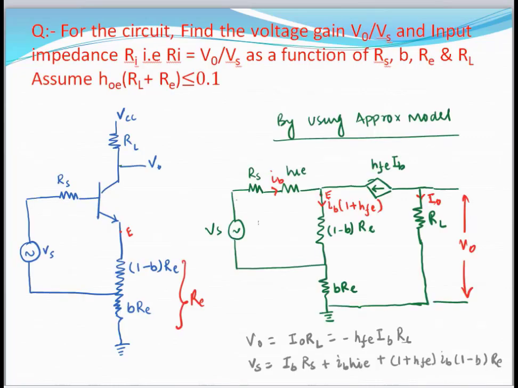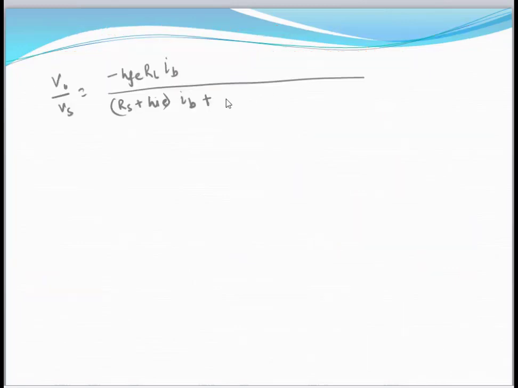V naught by Vs is equal to minus hfe RL IB, divided by IB RS plus hie IB plus (1 plus hfe)(1 minus B) RE IB.